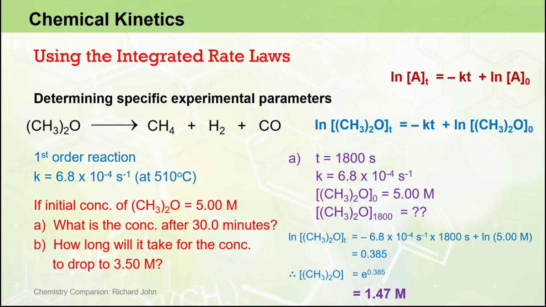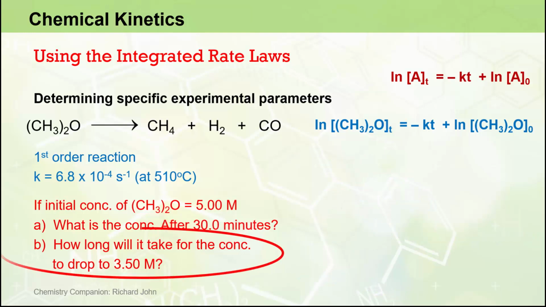Solving for concentration by calculating e to the power of 0.385, we get 1.47 molar, or 1.47 moles per litre. So in other words, after 30 minutes of reaction, the concentration has fallen from 5.00 molar to 1.47 molar. A very useful type of calculation to be able to do.